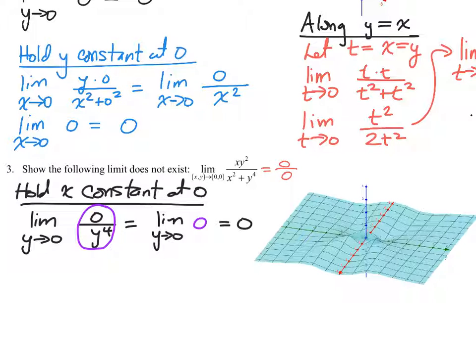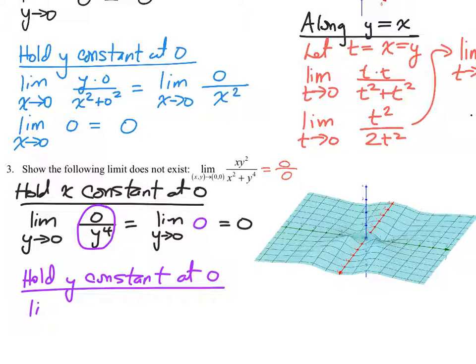All right, so what I'll do now is hold y constant at 0. So I'd be looking for the limit as x approaches 0. Still going to 0 out on the top, but this time over x squared.